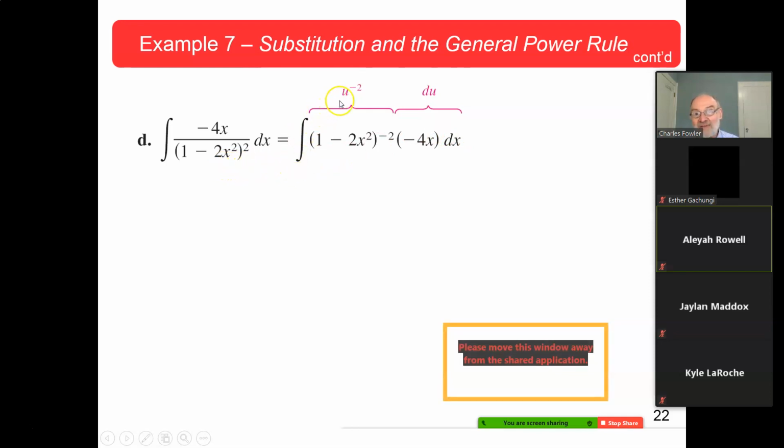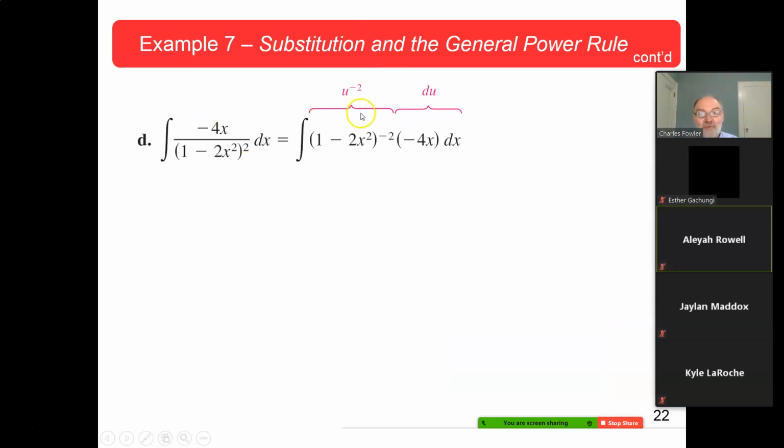Well, what's the antiderivative of u to the minus 2? Someone help me out on that one. What's the rule? Add 1 to your exponent. Negative 2 plus 1 is merely minus 1.